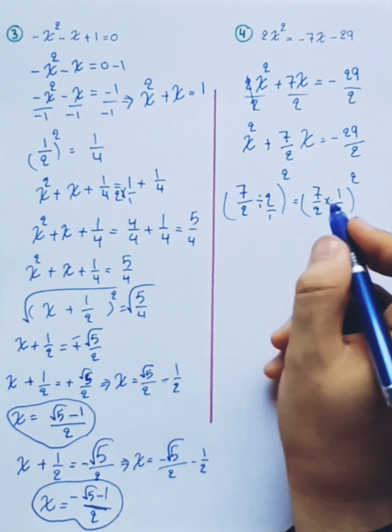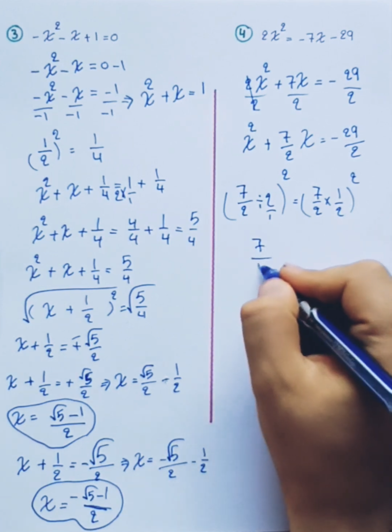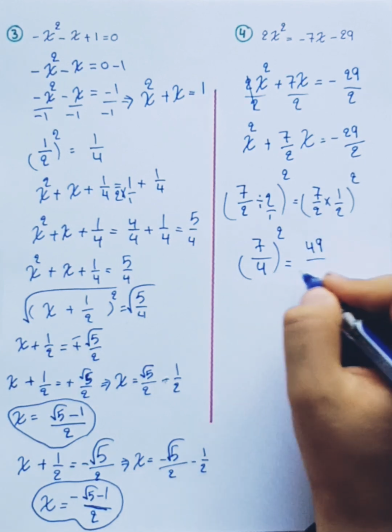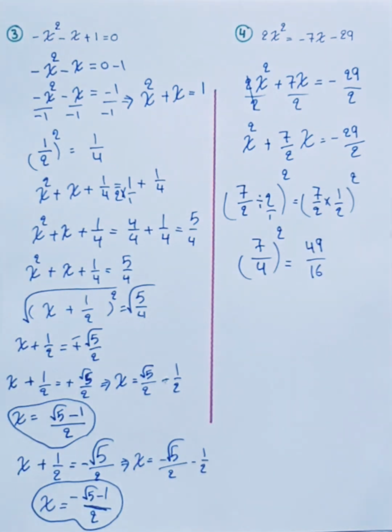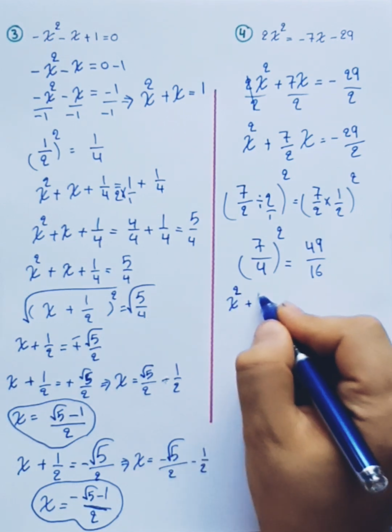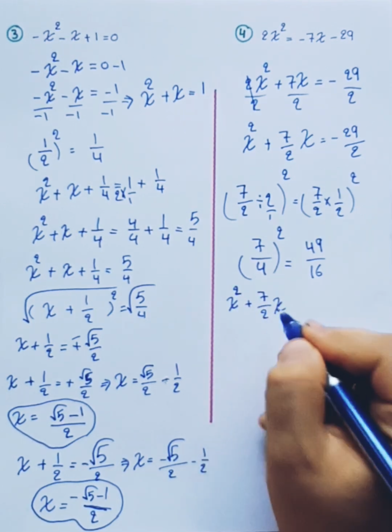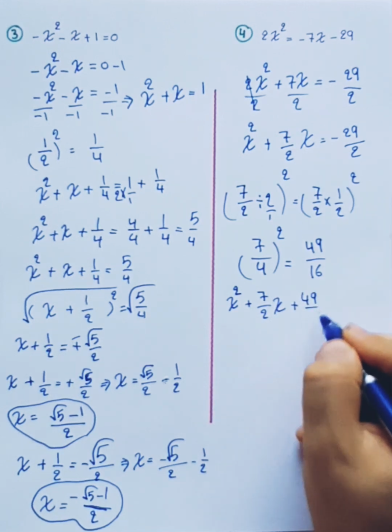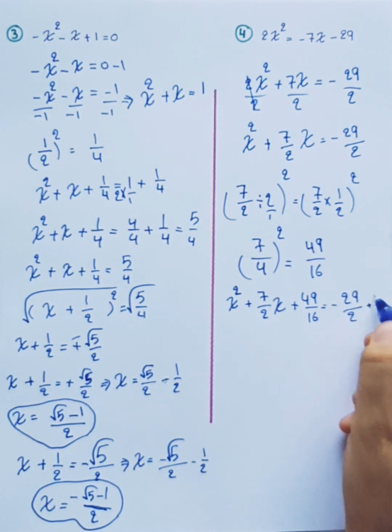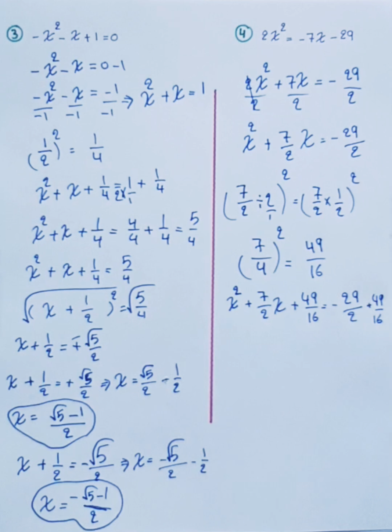So multiply 7 times 1 is 7, 2 times 2 is 4, square: 7 times 7 is 49, 4 times 4 is 16. And then you have to add 49 out of 16 to both sides. x squared plus 7 out of 2 x plus 49 out of 16 equal to negative 29 out of 2 plus 49 out of 16.